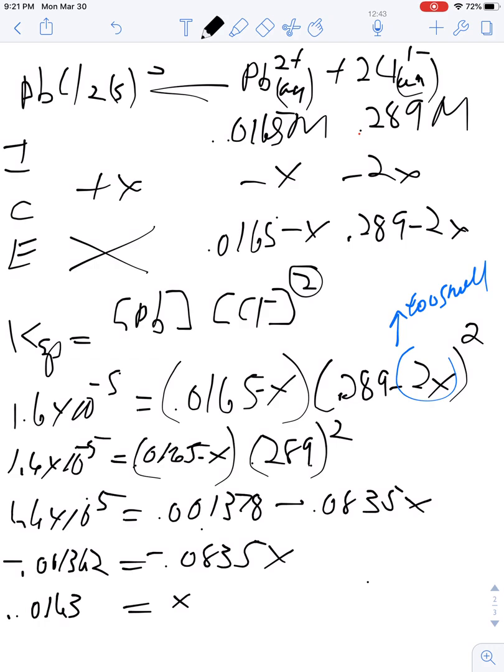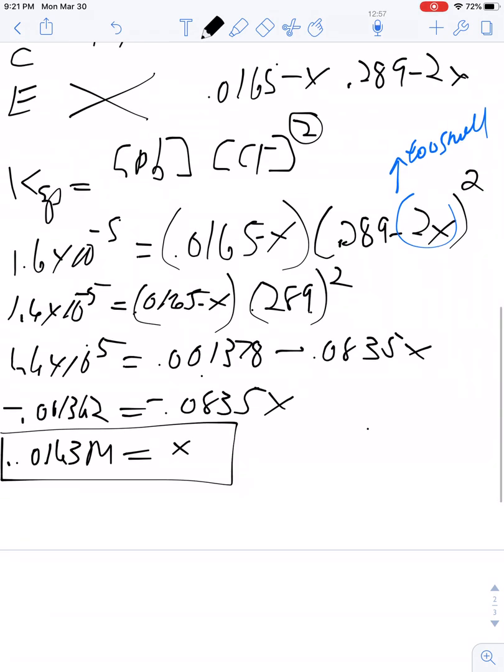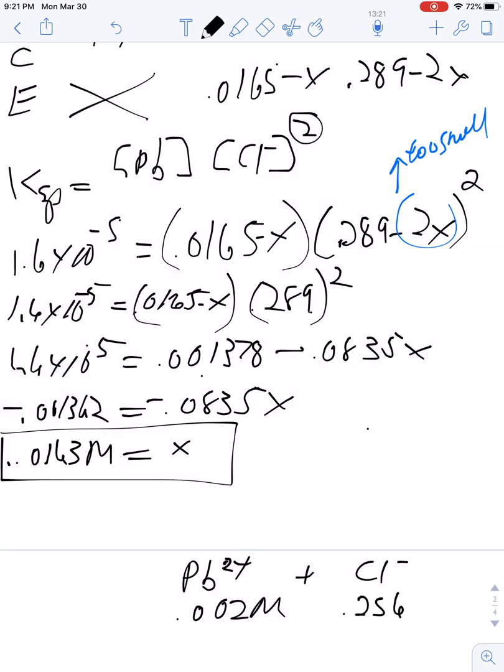All right, much better answer. Okay, so that's x. So what does that mean at equilibrium? If that's x at equilibrium, my lead ion is going to be 0.002 molar, and my chloride ion is going to be 0.256 molar.